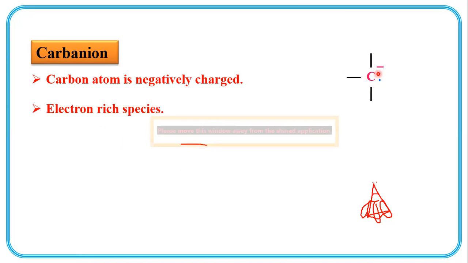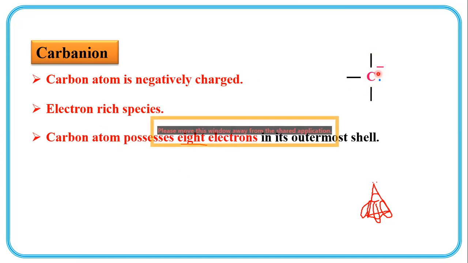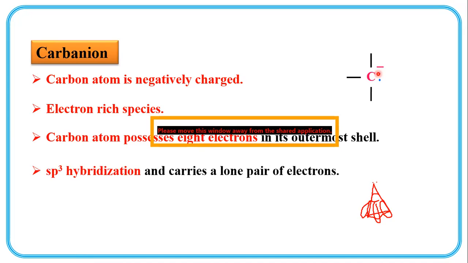So it is electron rich species. Carbon atom possesses total 8 electrons in its outermost shell, and this is sp3 hybridized carbon, which carries a lone pair of electrons. Its shape is pyramidal.